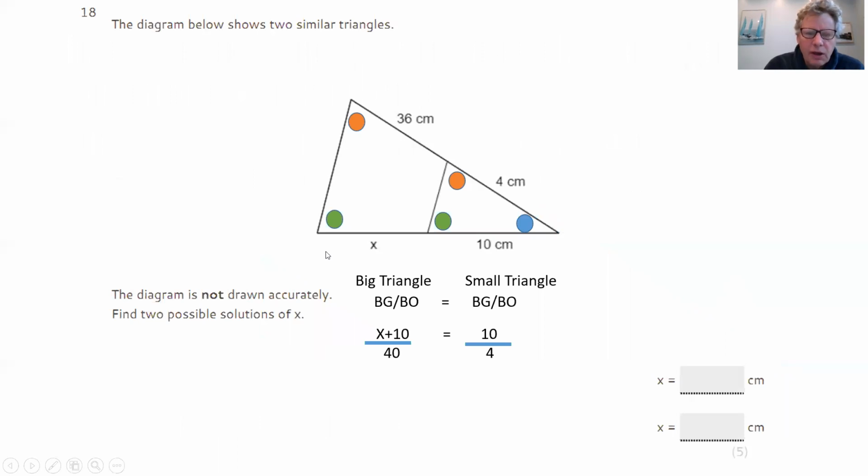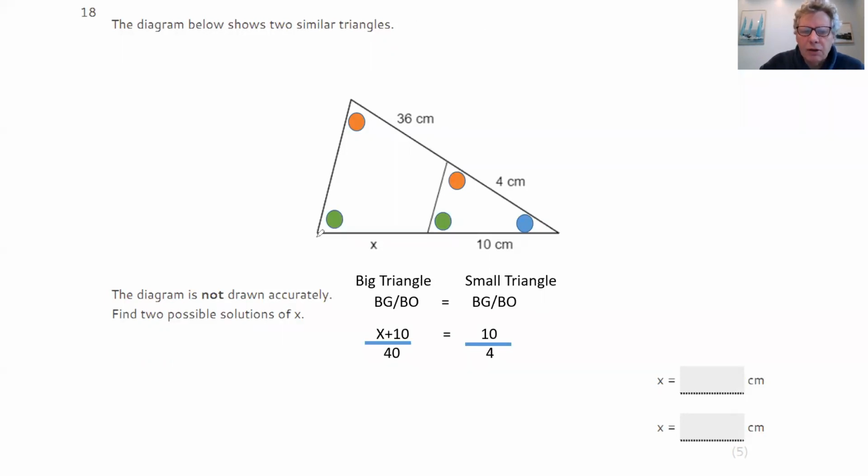So let's look at this one here. We've got two triangles which fit in one another, a big triangle and a little triangle. Because the two triangles fit within one another, if we look at the angles here, this blue one is going to be in the big triangle. We'll highlight the big triangle for ourselves.